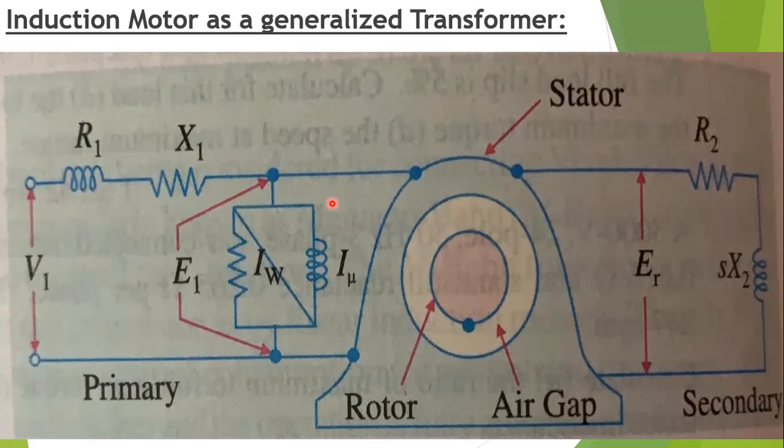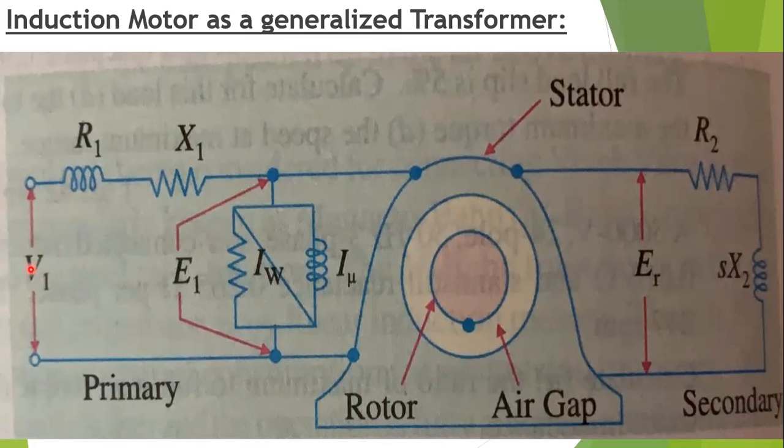Right. So this is the induction motor. See here, this is the rotor, this is the air gap and this is the stator. So these are the primary values. V1 is the supply voltage, R1 is the primary resistance, and X1 is the primary reactance. The EMF induced is E1.